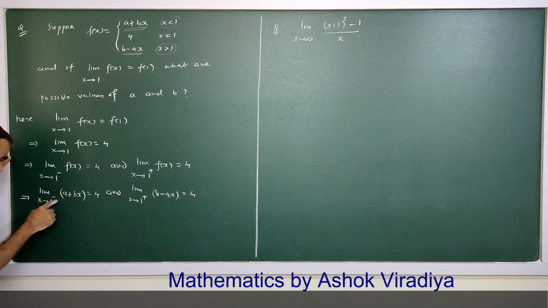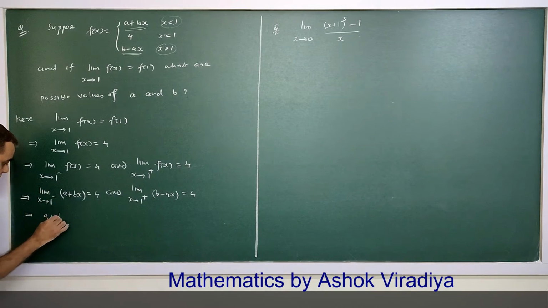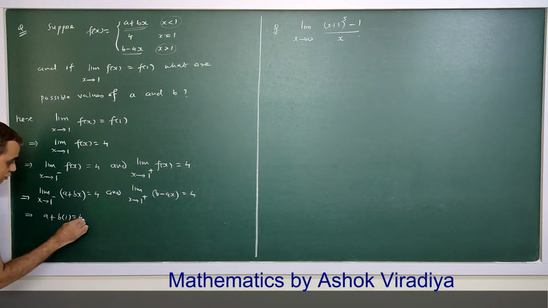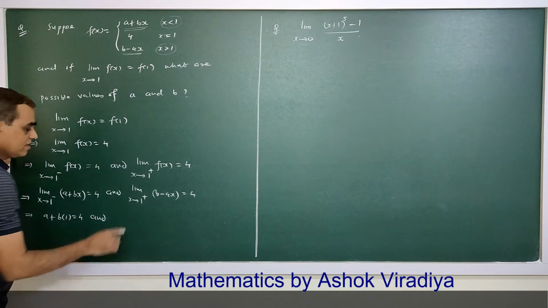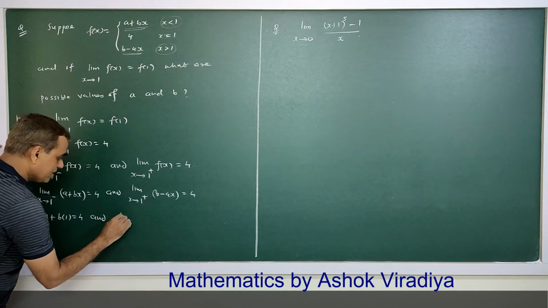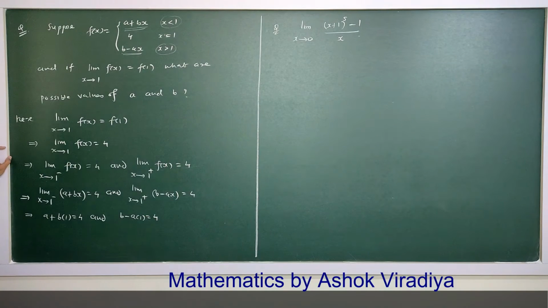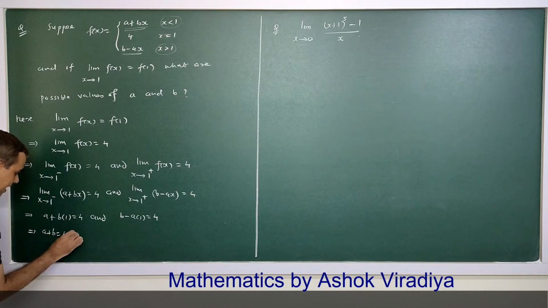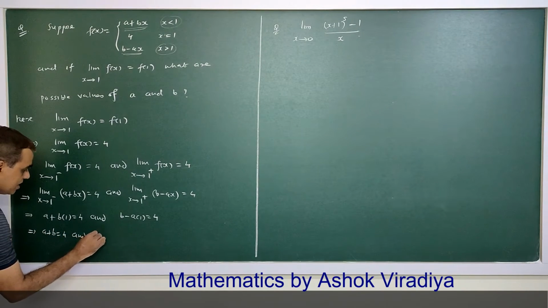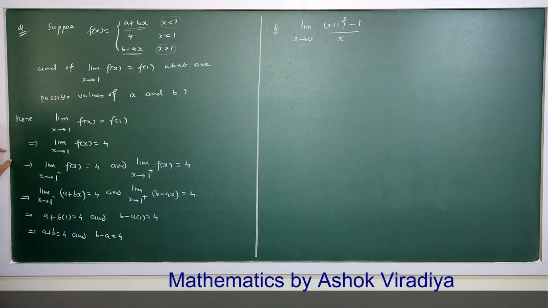Now putting x equal to 1 here, a plus b into 1 is 4, and putting x equal to 1 here, b minus a into 1 is also 4. So a plus b is 4 and b minus a is also 4. So we solve these equations.